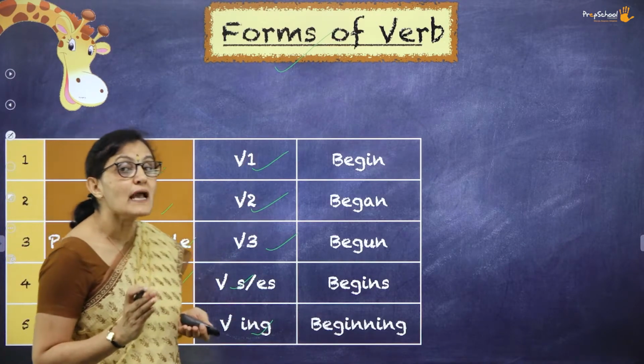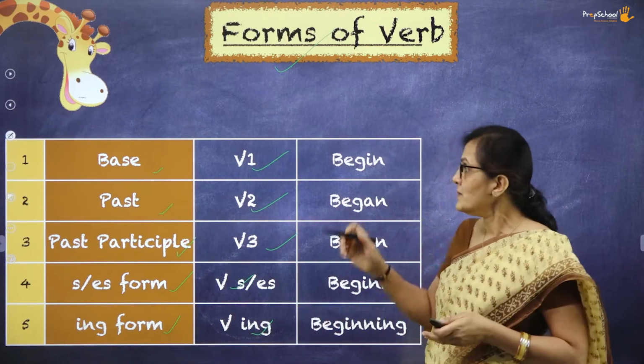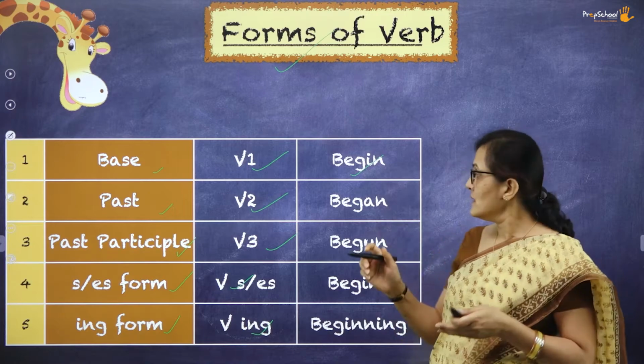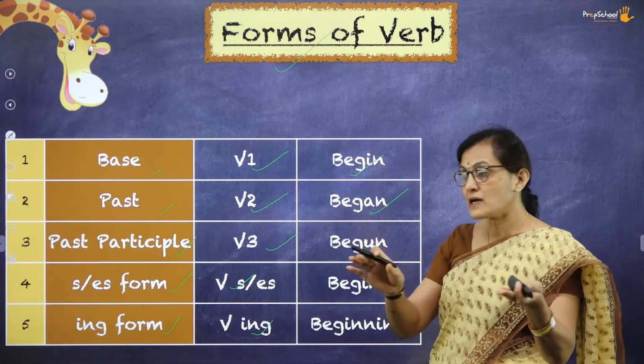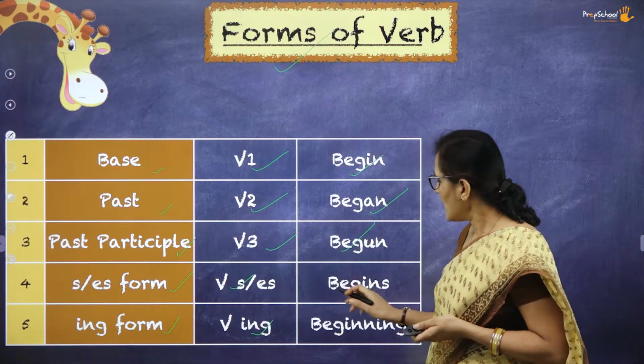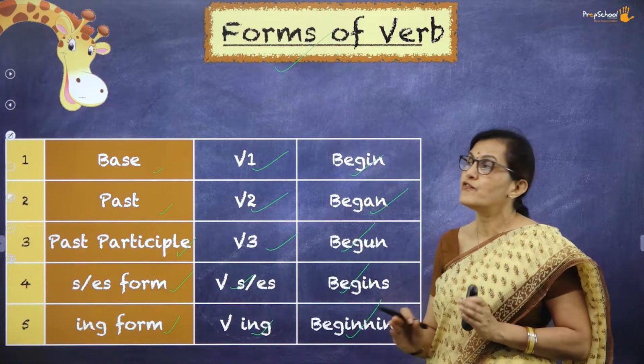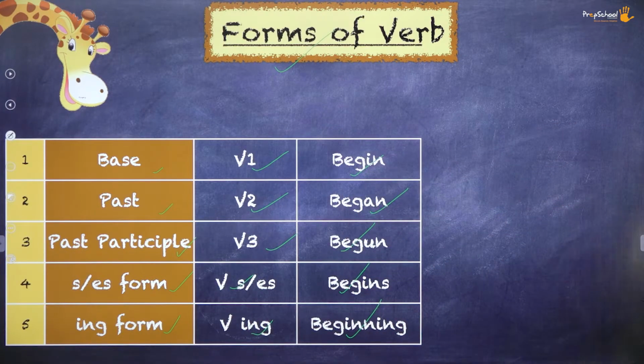So what is the example? If you take the word begin, that is the base. Began, that is past, and past participle begun, and then S form begins, and beginning when there is an ing form. So have a look at the forms of verbs.